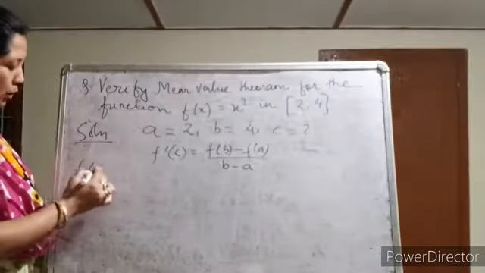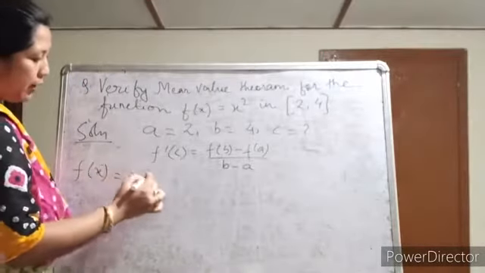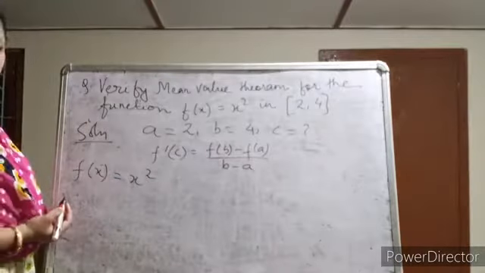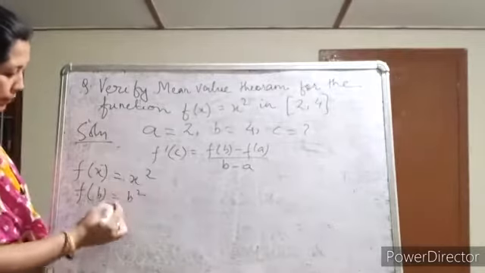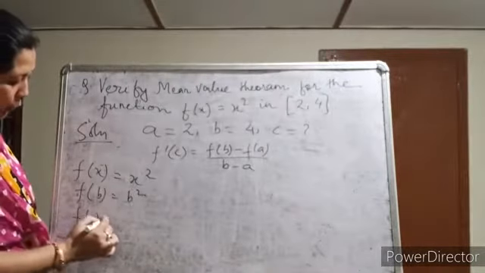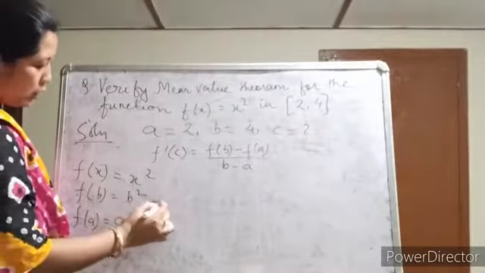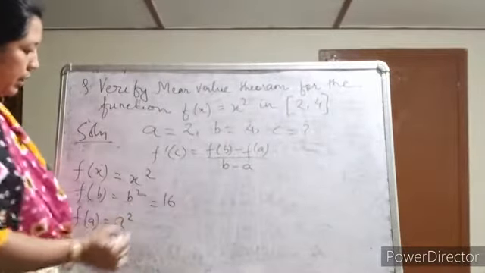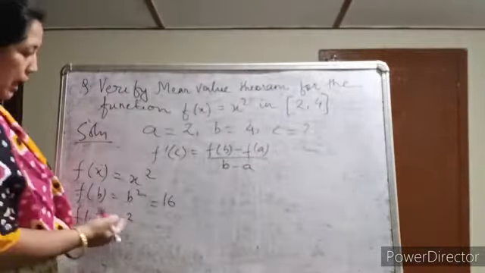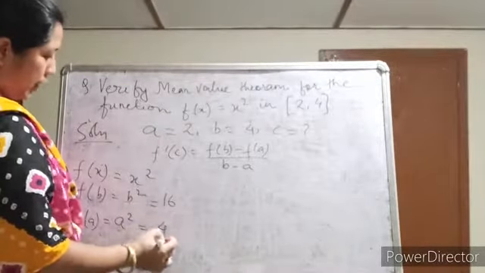And f of x is already given as x square, which means f of b will be b square and f of a will be a square. We know the b value is 4, so b square will be 16 and a square will be 4.